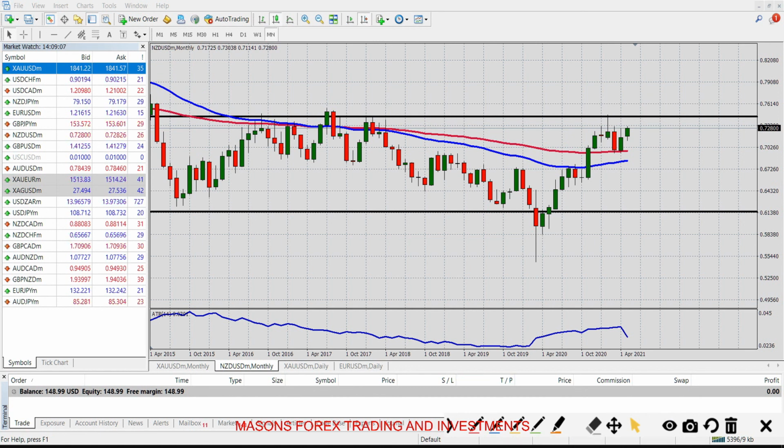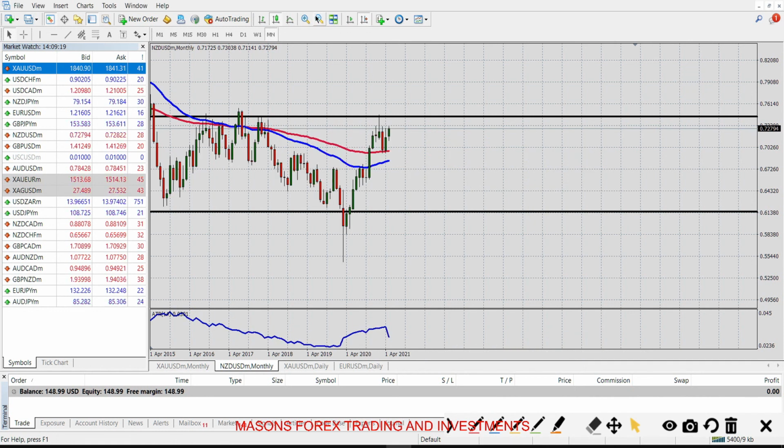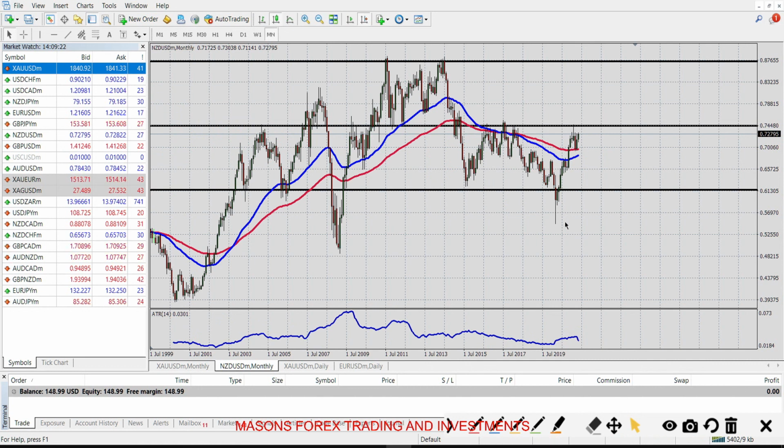So if we get the big engulfing bar here, then we can look for higher prices. You've got two options there. I would say a good target would be somewhere around here if price broke out.